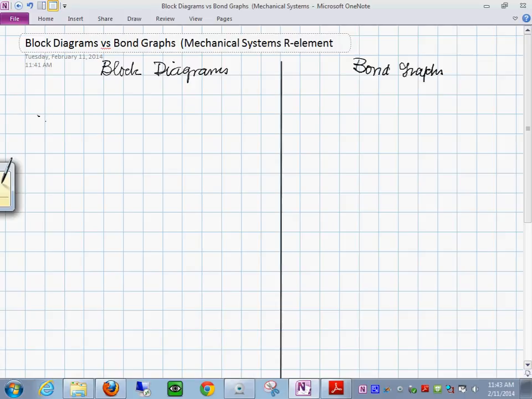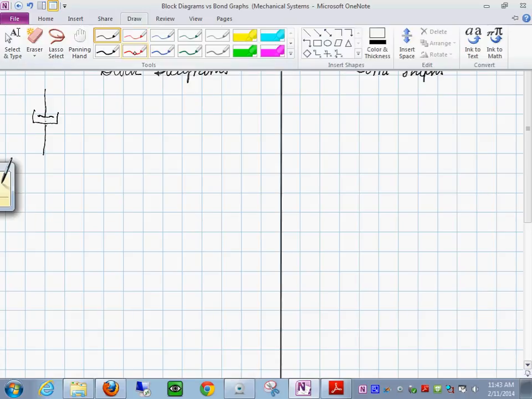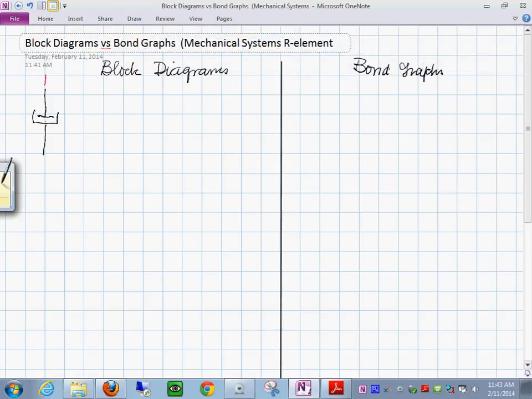Let's see, we usually draw it like this. And in here, this is what we do. Okay, so this is the R element in here. Let's just draw what the forces are in here, like this F, and this one down here, F in here.